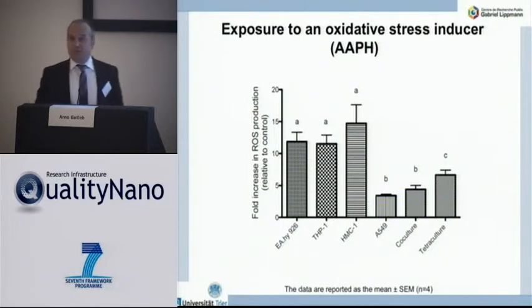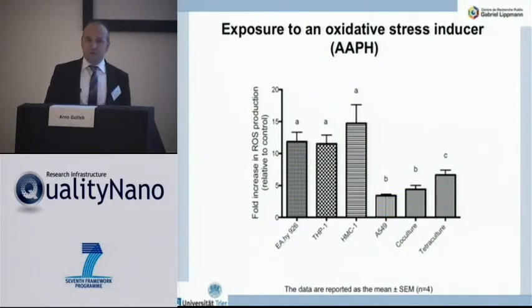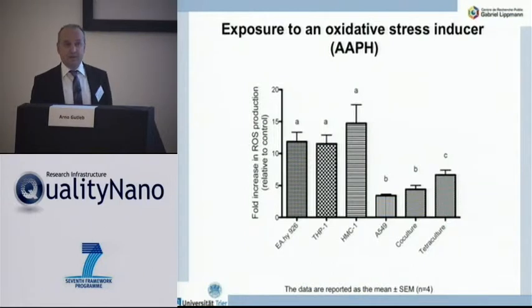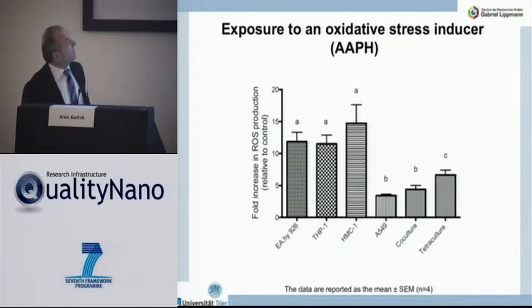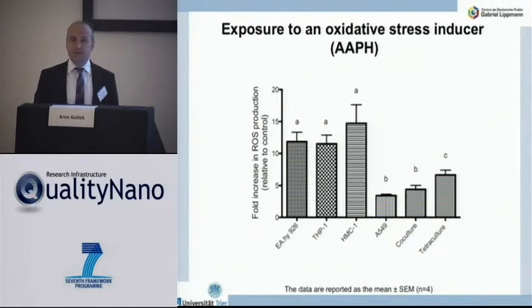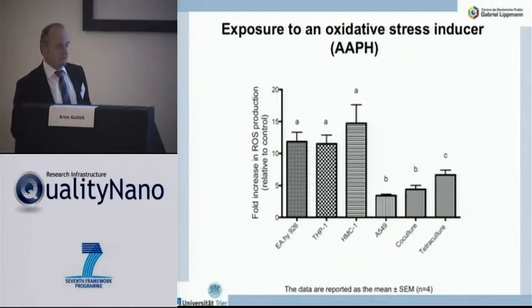Do the cells have oxidative stress? Can we induce oxidative stress, and how do they react? And is there a difference between the single cell culture model and multi-cell culture models? Yes. First, what we did is we used the chemical compound AAPH instead of hydrogen peroxide to induce oxidative stress, and you see on the left the first four bars are the single cell cultures.